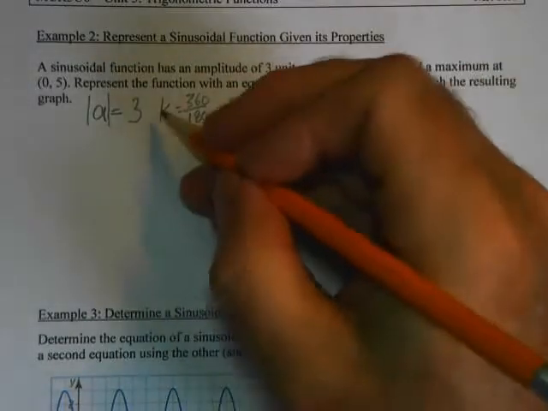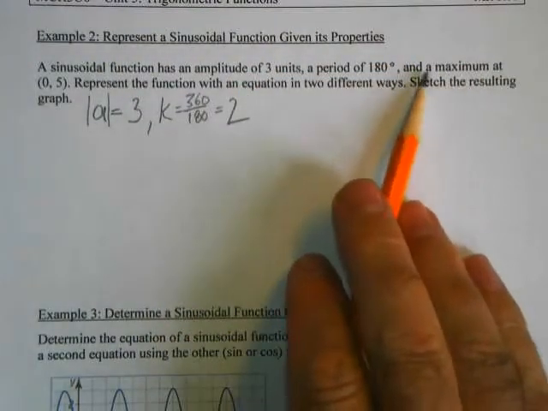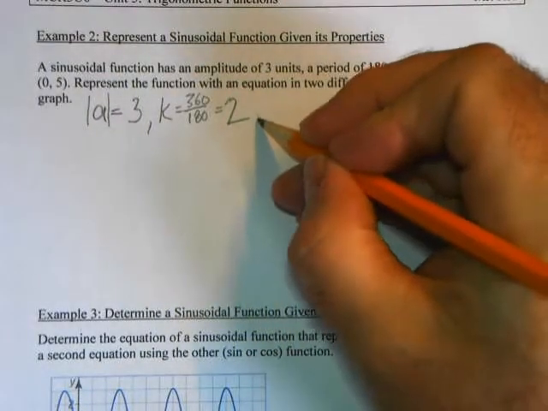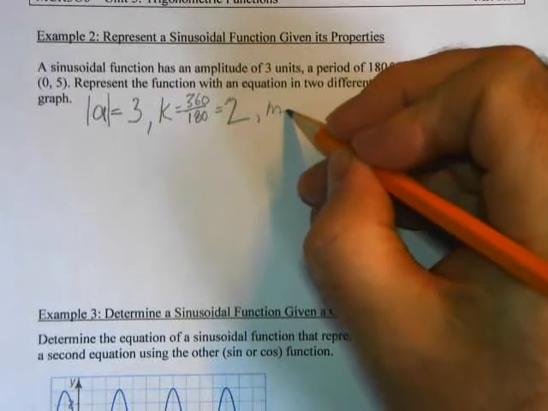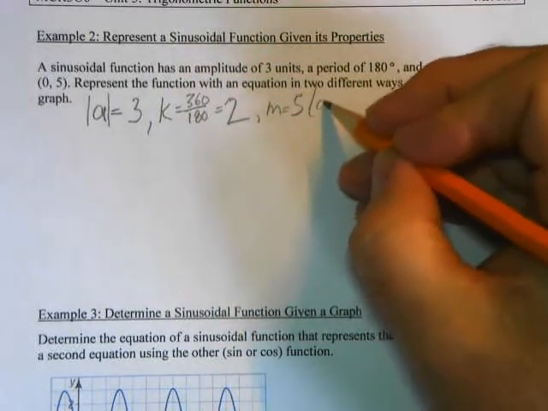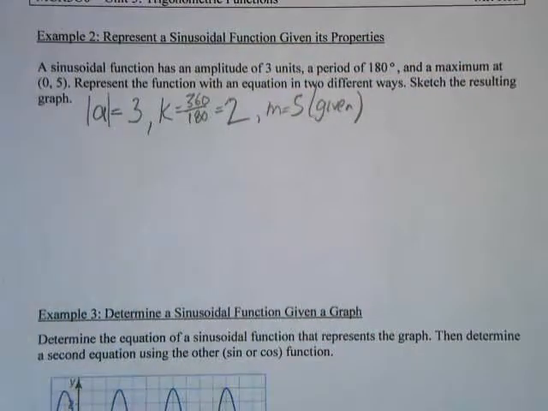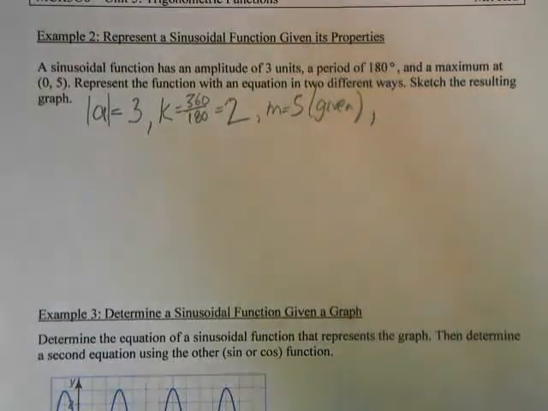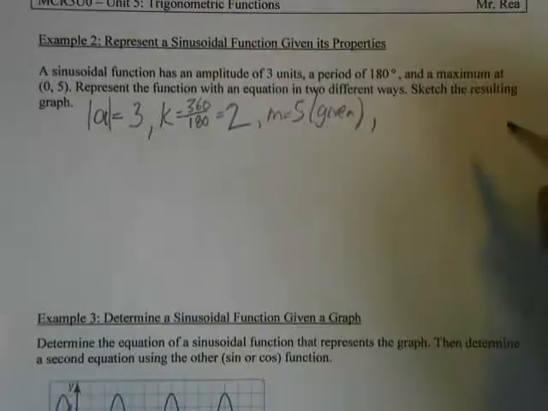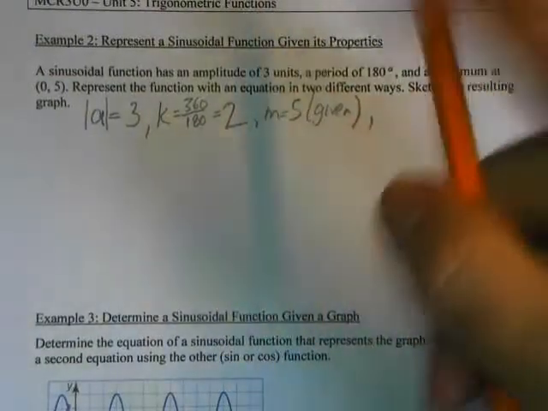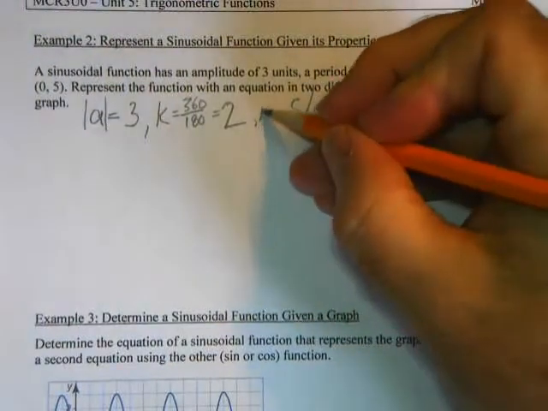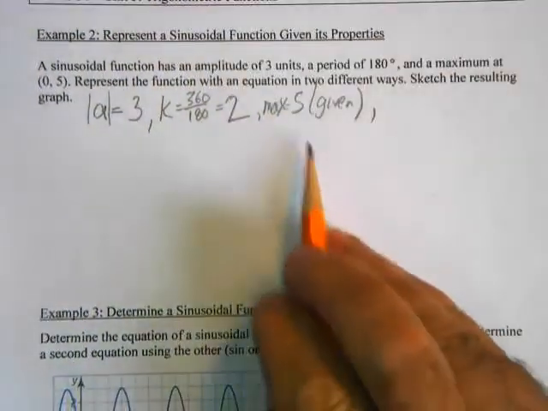Now it gives us the maximum here, a maximum at 5, so that's actually 2 solid pieces of information. So I'm just going to put given there, so you know I just didn't pull it out of a hat. Now, here's where you have to use your logic. So I know that the maximum, I don't know why I put M, should say max, the maximum's 5.